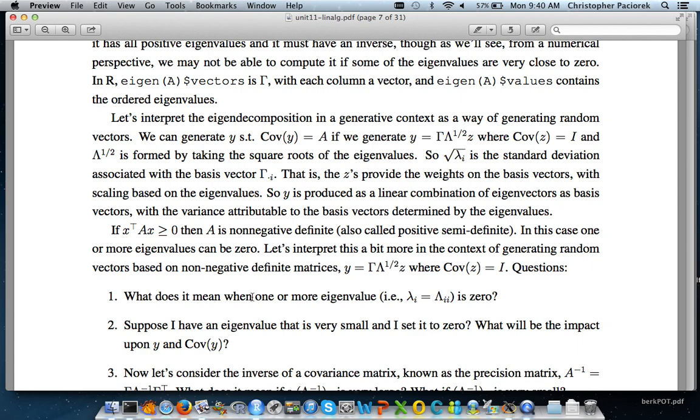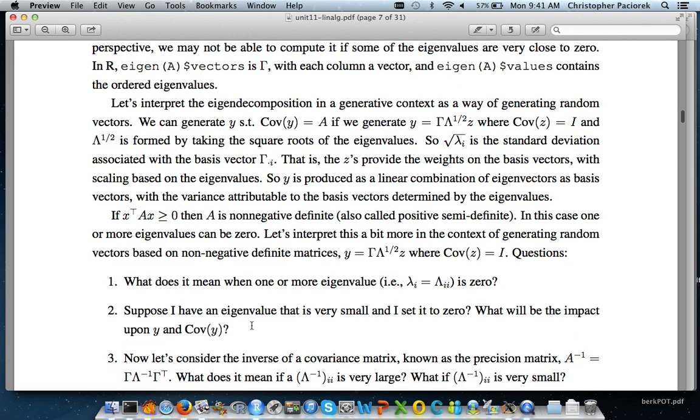So the difference in terms of the resulting y is going to be relatively small. Mathematically, there's a difference in that I'm in this n-1 dimensional subspace if I set it exactly equal to 0, whereas if it's not quite equal to 0, I'm still in this n-dimensional space. But in terms of the numerical difference between a y generated in one of these two ways, it's not going to be very large.